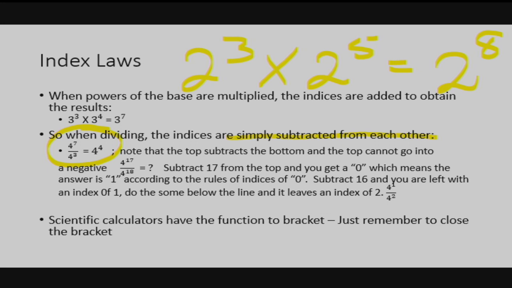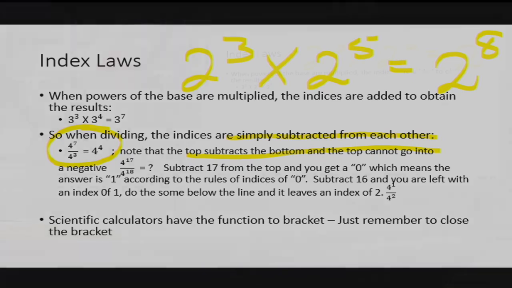If I would work from this side and I'd say 3 to the power of 3 times 3 to the power of 4, so it's 3 plus 4, then it will just simply mean 7, which is the answer, divided by that 3 will give us the answer of 4. In other words, it's a subtraction. This subtracts the bottom from the top, and now I say it can't go into a negative.